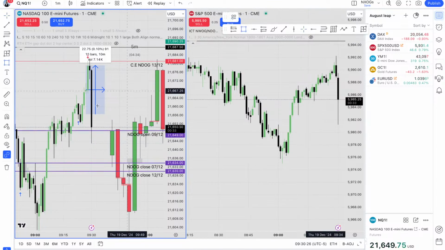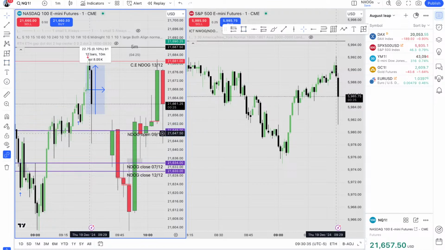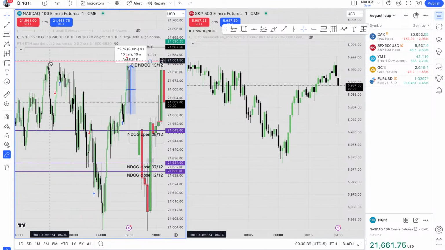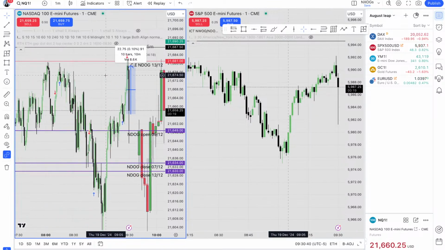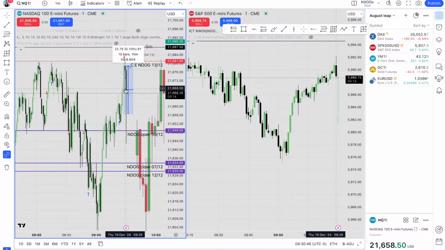So here I have a smaller breaker overlapping with a fair value gap. It's the dream. And then I went long, targeting these equal highs, and that was 22 points. So I took like 1 to 2 RR, almost 1 to 8.